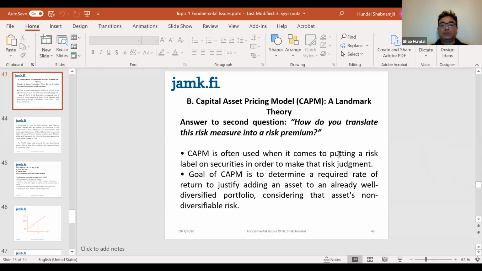So we move on. CAPM is often used when you are labeling the securities, the stocks, based on their riskiness. And the risk in this case is the market risk measured by the coefficient of beta. As I said, the risk element that we are considering is the beta coefficient.